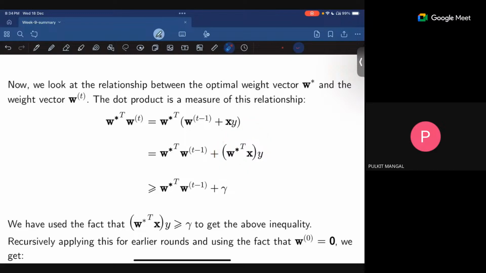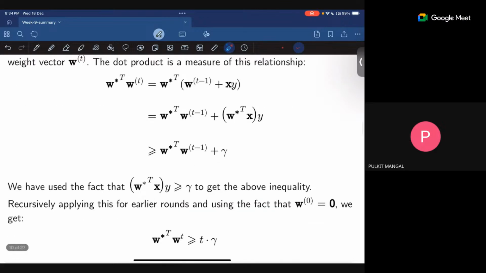Because this is the optimal weight vector and our data set is linearly separable with some gamma margin, all the data points satisfy the condition that W star transpose Xi Yi is greater than or equal to gamma. So we can write the above term as an inequality: W star transpose Wt minus 1 plus gamma.